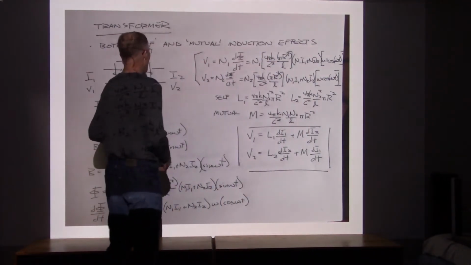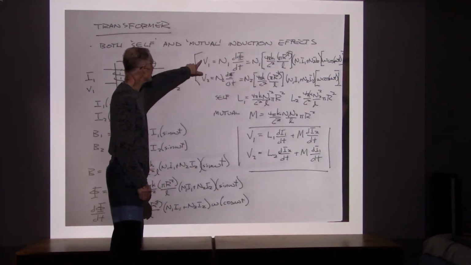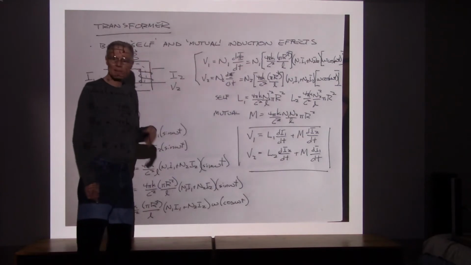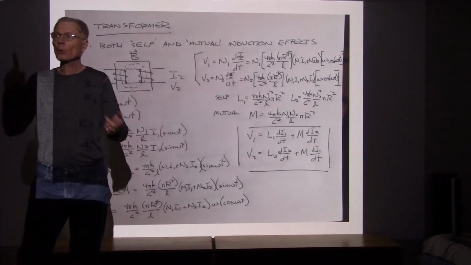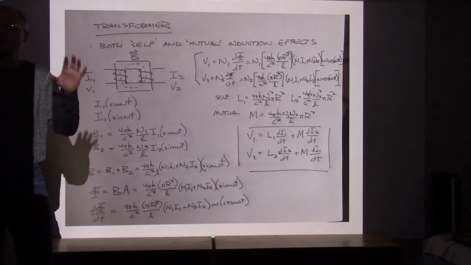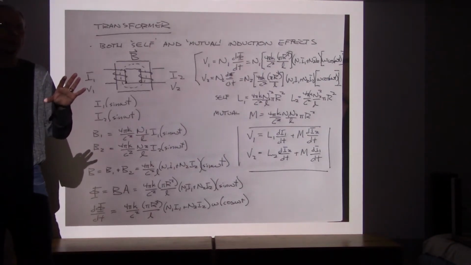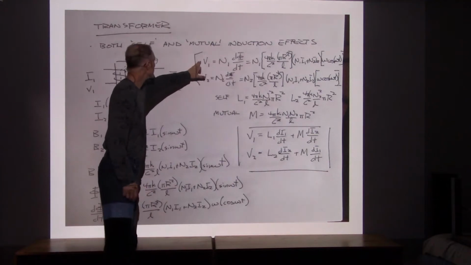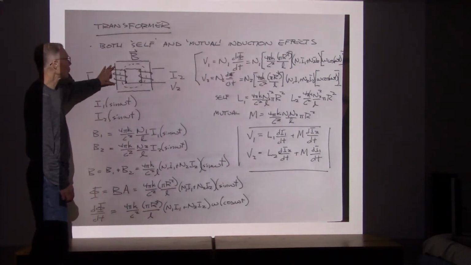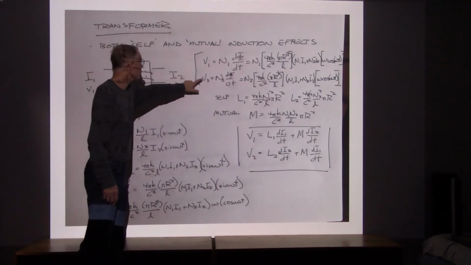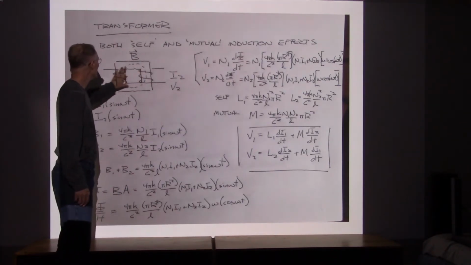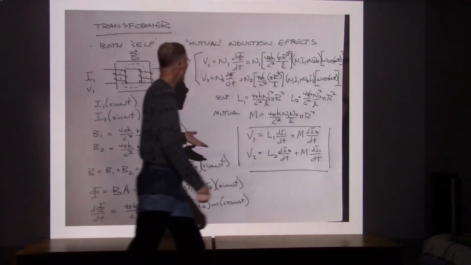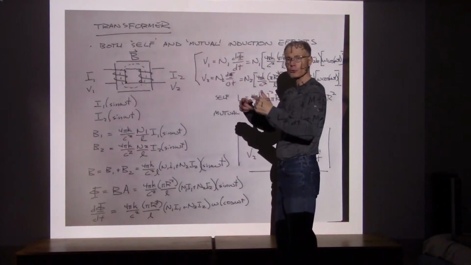Now this time, instead of thinking this is an EMF, I'm going to think of this as a voltage drop. EMF, voltage drop, they're going to be the same thing for an inductor. And so the voltage drop across side 1 and the voltage drop across side 2 is going to be equal to this reverse EMF.